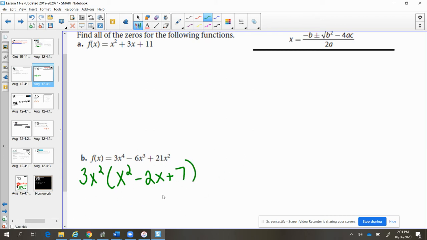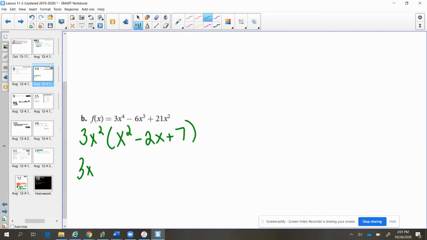Now, we know that if we set this 3x squared equal to 0, 0 is going to be one of our zeros. Unfortunately, for the second part, there's nothing that multiplies to be 7 that adds to be negative 2, because the only factors of 7 are 1 and 7. There's no combination of that that's going to equal negative 2, so it's not factorable.